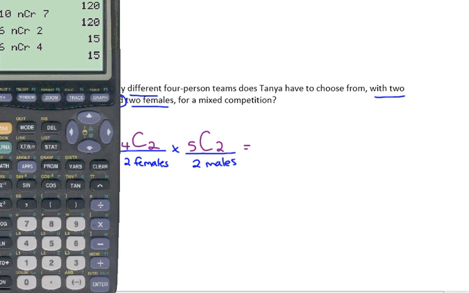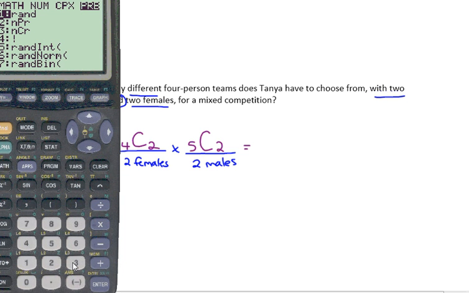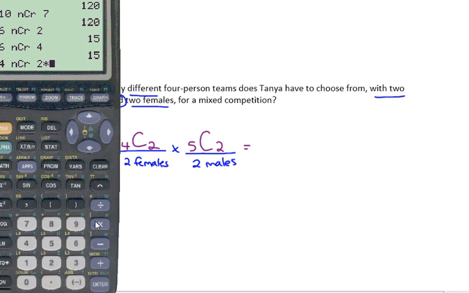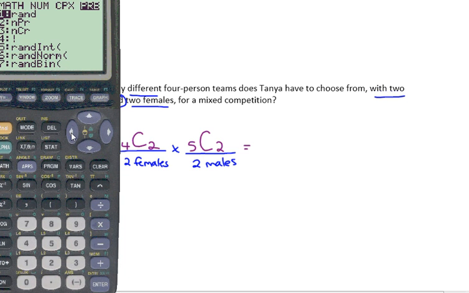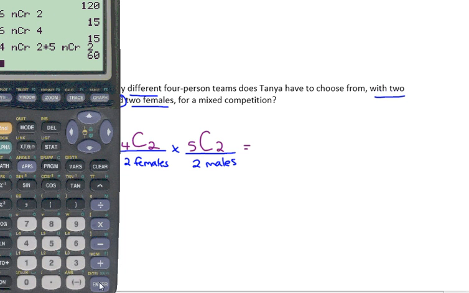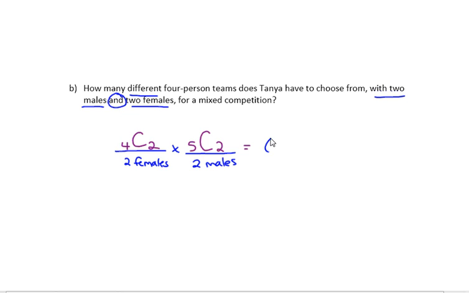Yes, you can enter this in your calculator all at once, but you don't have to. Solved separately, 4 choose 2 is equal to 6, 5 choose 2 is equal to 10, and 6 times 10 is 60 combinations.